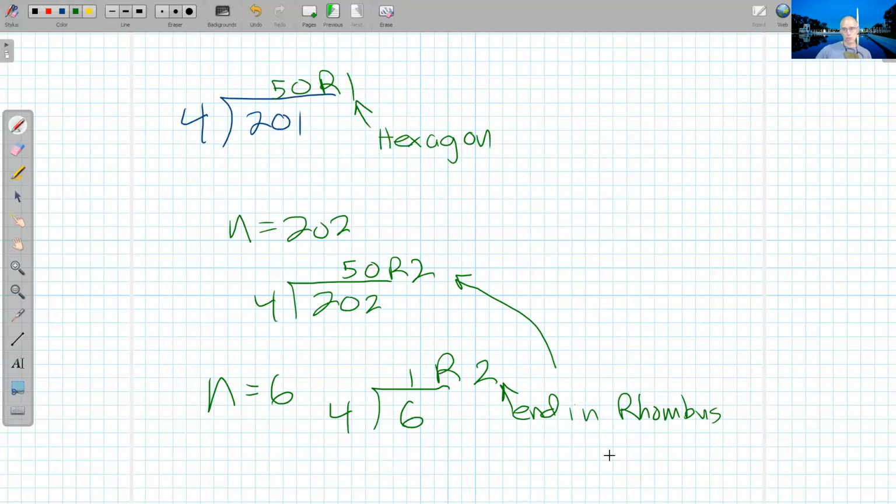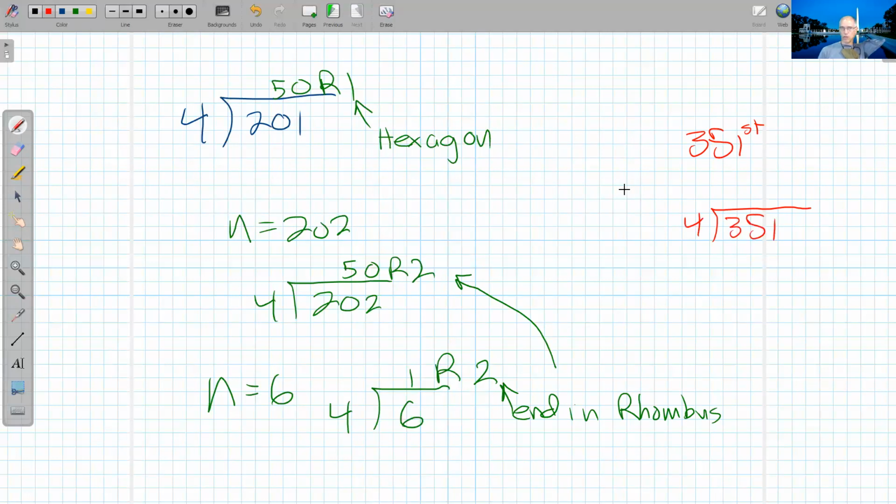So now I'm pretty sure if somebody gives me any number, how about the 351st figure, so n equals 351, then I'd say, let's see how many times 4 goes into 351, because we have that repeating chunk of 4. And then the remainder will tell us what it ends with, so we can describe what that shape looks like.